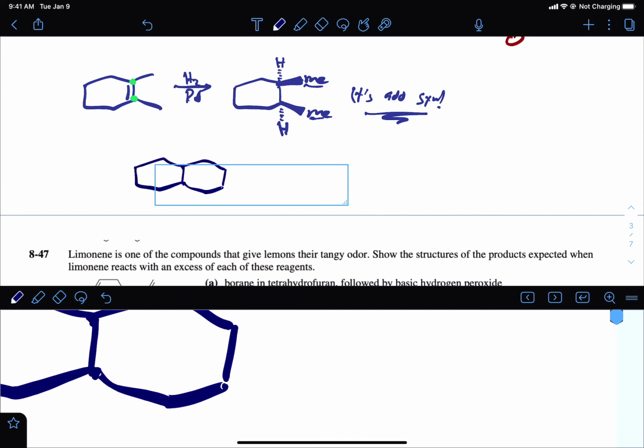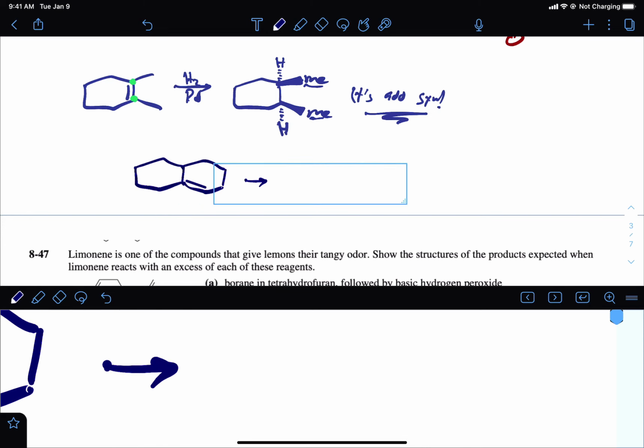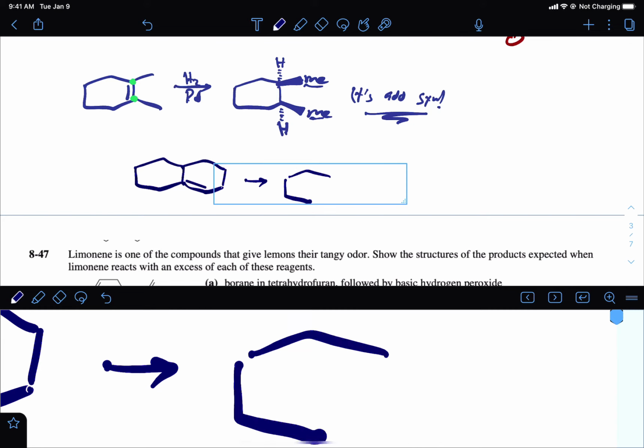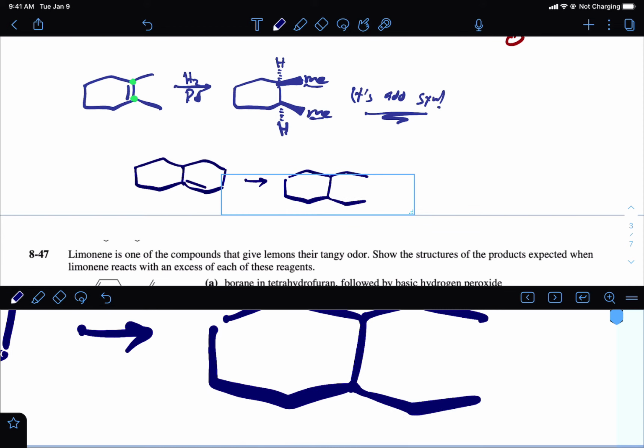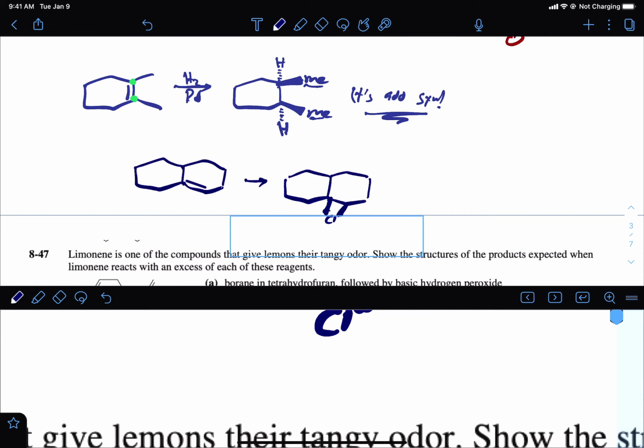So if the double bond is there, the chloronium ring is going to form there, involving those two carbons.